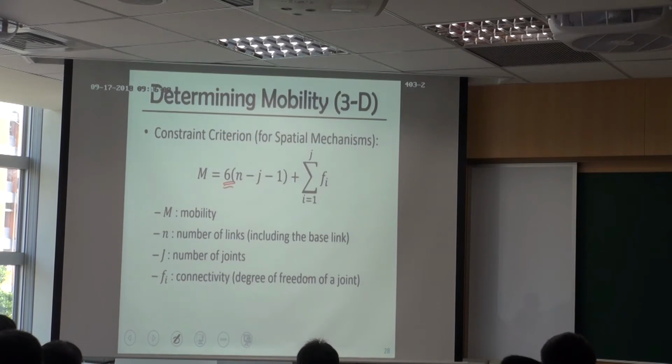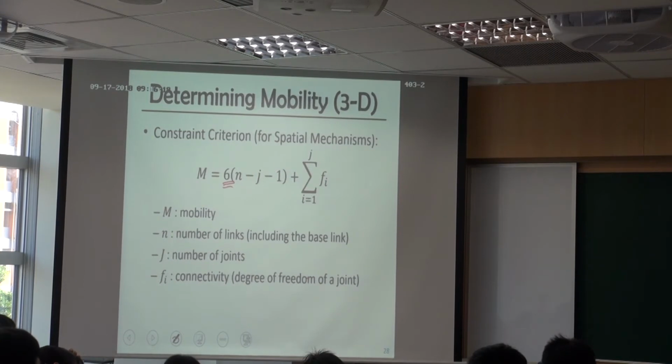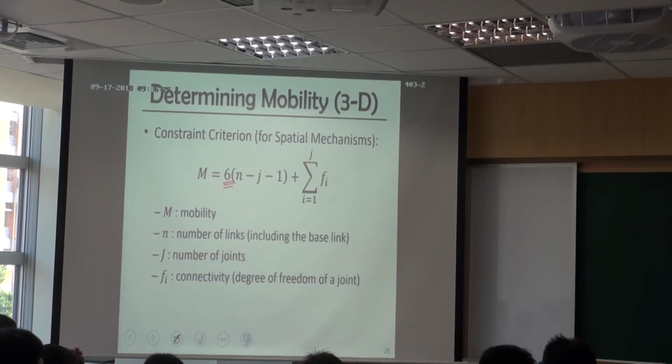Well, because for a planar mechanism, each link we add to the plane, if there's no constraint, should have 3 degrees of freedom. It can move in the X direction, the Y direction, and it can also rotate.